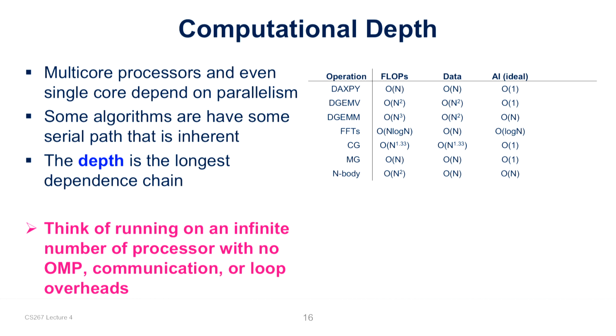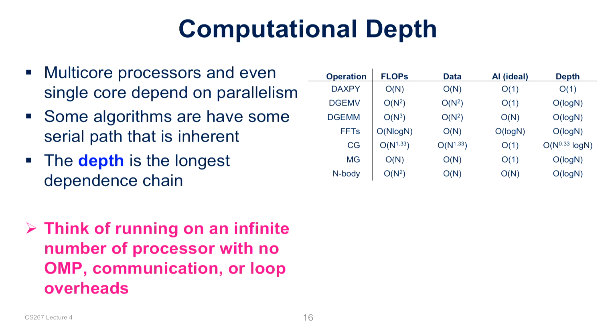There's still going to be some depth in terms of the number of operations I have to perform, and that will give me some limit on the total amount of performance I'm going to get. So for a particular algorithm, for example, if you're adding up a sum of numbers, you will eventually have to add the last few numbers together, and you can't entirely perform that in parallel. And so that will give you some logarithmic depth in doing the sum.